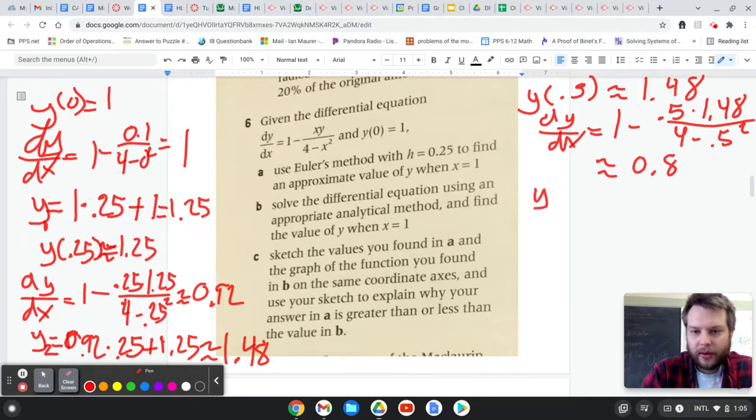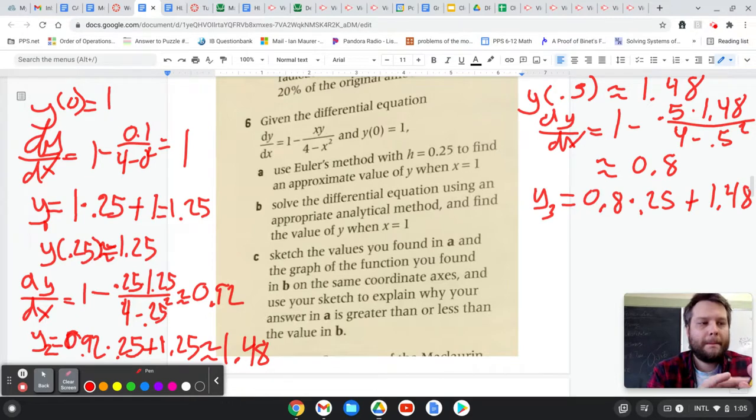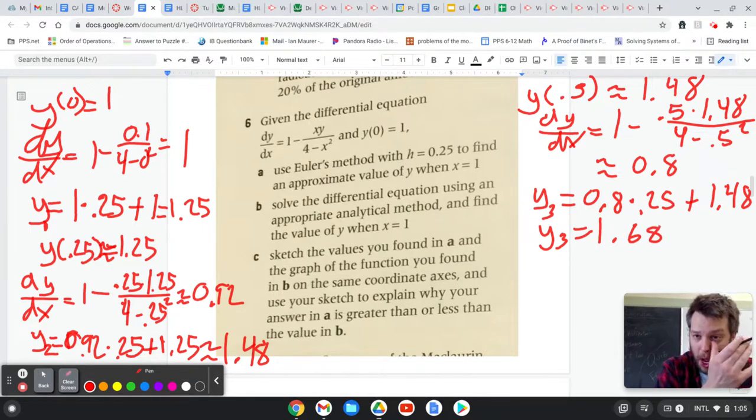So my third y value is 0.8 times 0.25 plus 1.48. And that gives me a third approximation of 1.68. And so that's the approximation when x is 0.75.